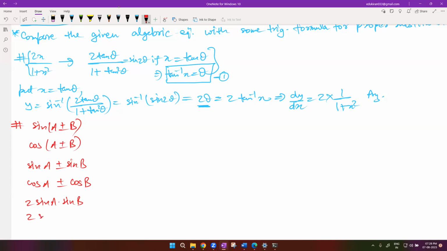Yeah. Then 2 sin a cos b, then 2 cos a cos b.